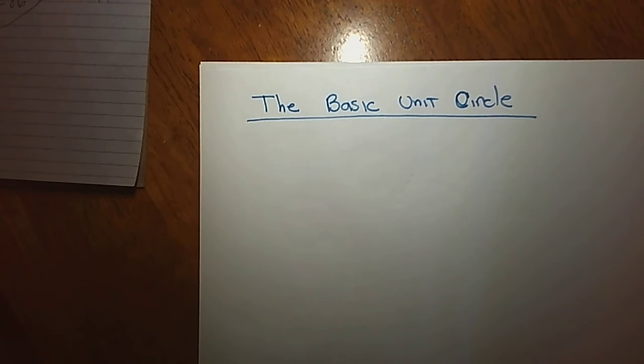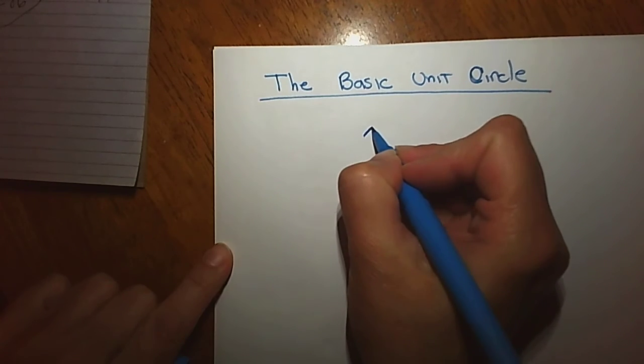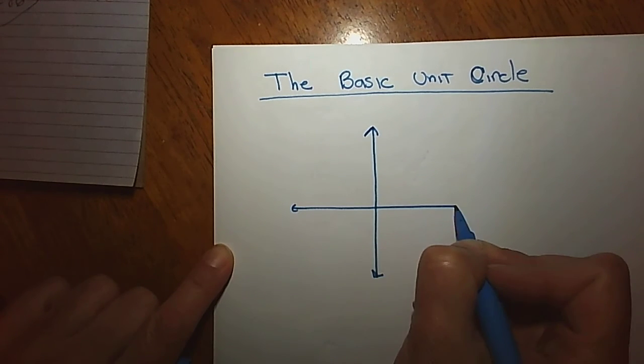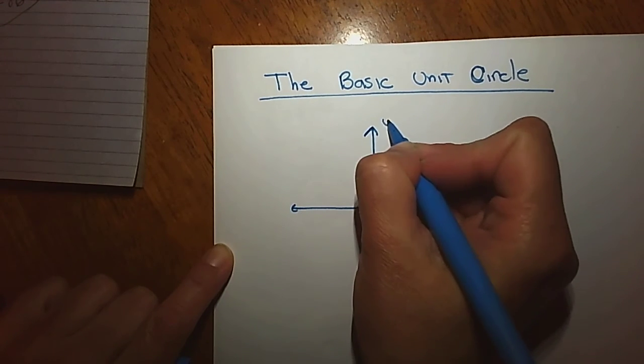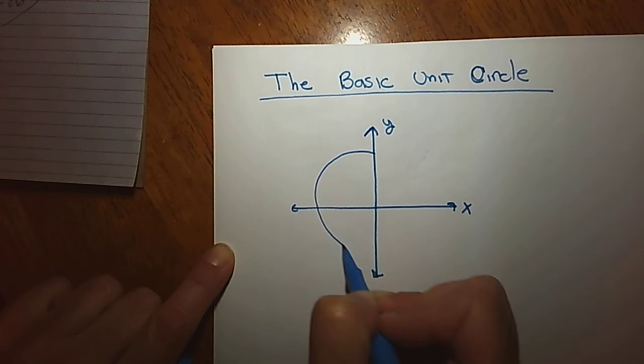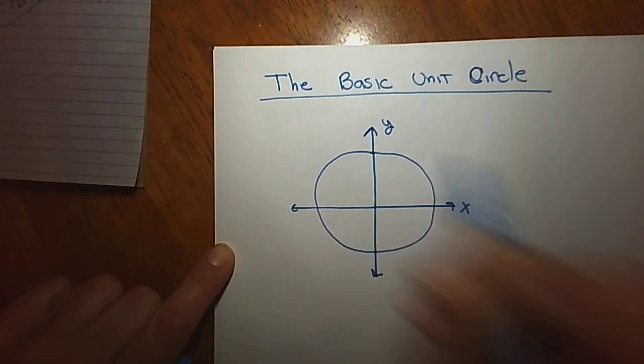So here's the deal with the unit circle. What you want to do is draw an x and y axis. And we want a circle. I'm going to make a big old circle, as best round as I can make it.